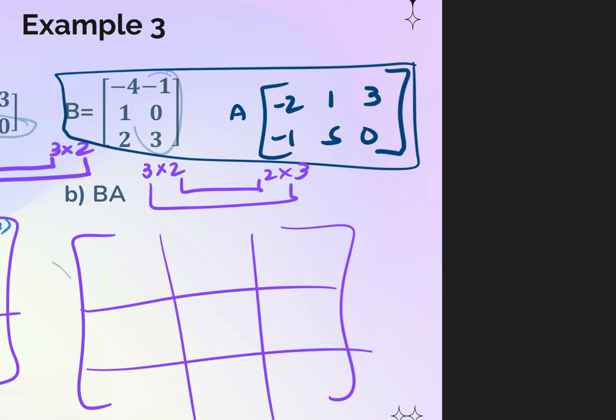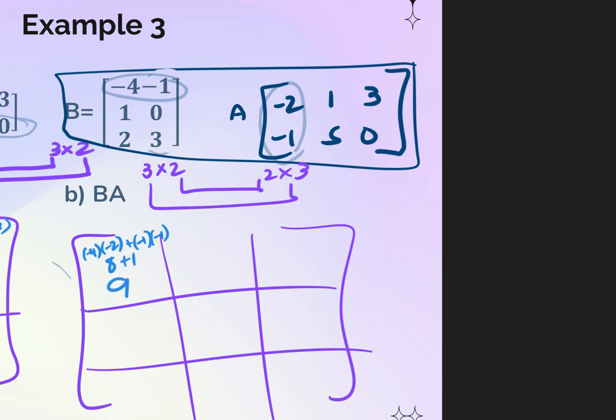All right, so now we're going row from B, column from A. So row 1, column 1 would be negative 4 times 2, plus negative 1 times negative 1, and I get 8 plus 1, which is 9.